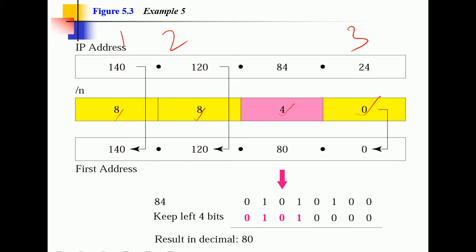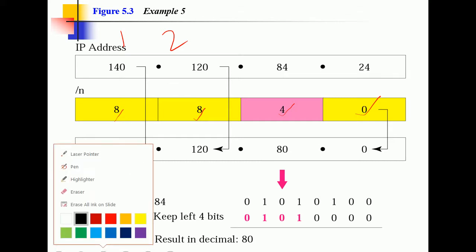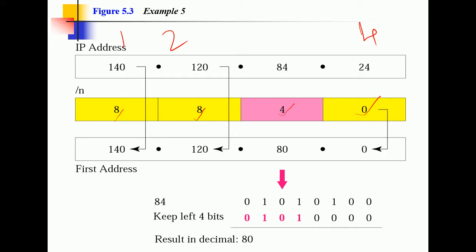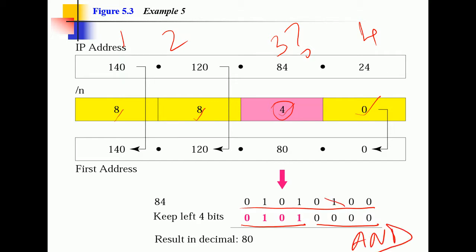The only difference is in this particular third octet, and this is the fourth, right? In the third octet we have to calculate. So write down the binary of this third octet value, then keep 4 bits as they are and the remaining become 0, and then perform the AND operation. This particular bit will cancel because 0 1 0, and the final calculation will give you 80 in decimal.